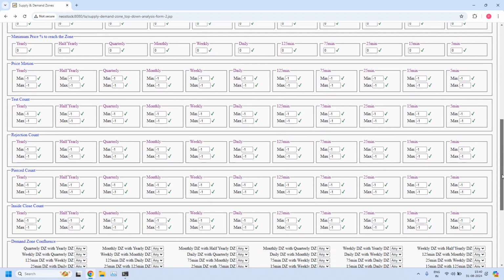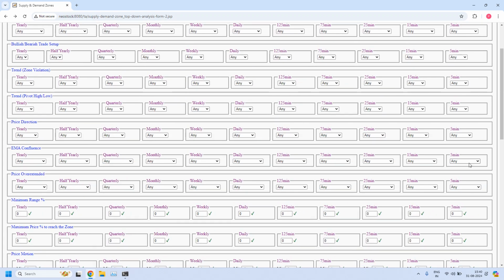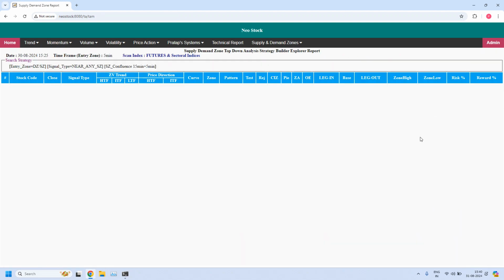So in the supply zone, 5 minutes and 15 minutes supply zone confluence enabled. Let's filter. None of the stocks are having 5 minutes and 15 minutes confluence. All are individual 5 minute zones. Okay, this is about stocks near demand and supply zones.